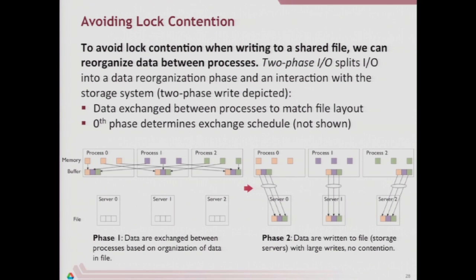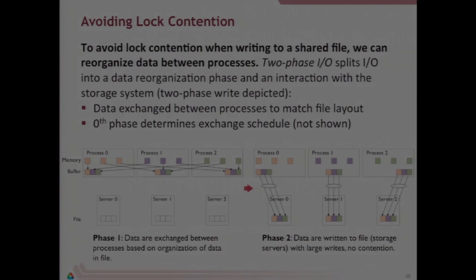The idea is, let's sort data between our processes so that when we interact with the storage system, we don't get false sharing. And in fact, we may play some additional games so that we're not interacting with as many servers, so that we have fewer requests to send. We could even throttle the number of processes that interact with the storage system because we know it can only take so many at one time.